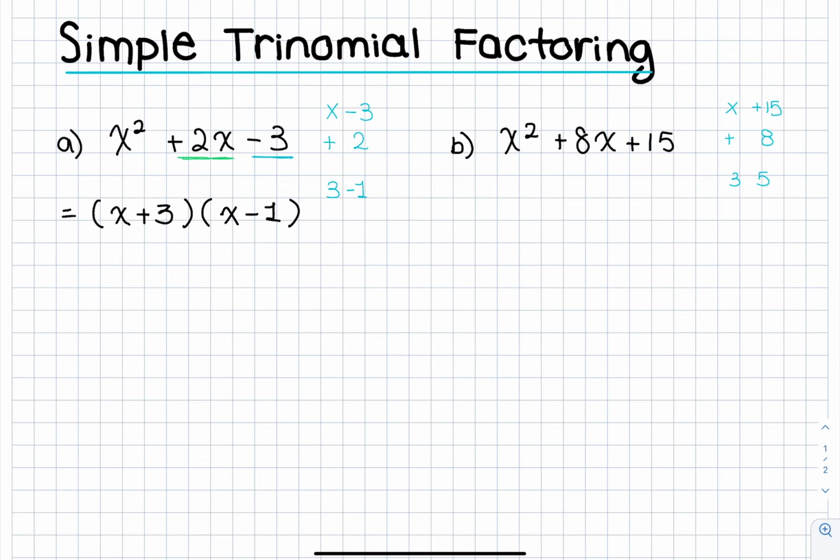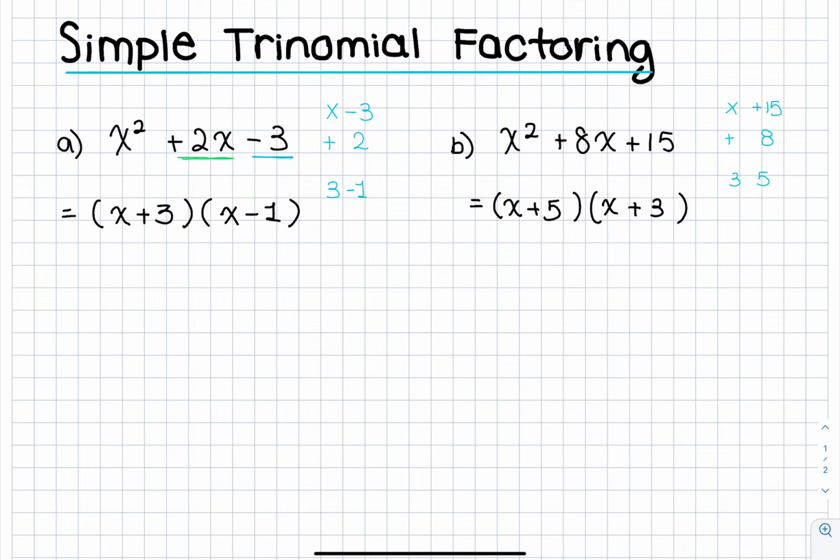And 3 plus 5 gives us 8. So that tells us that a +3 and a +5 are our 2 numbers. And then once again, we go right into the brackets with x like this, and then our 2 numbers, including their signs, so in this case they're both positive, x plus 3 and x plus 5.